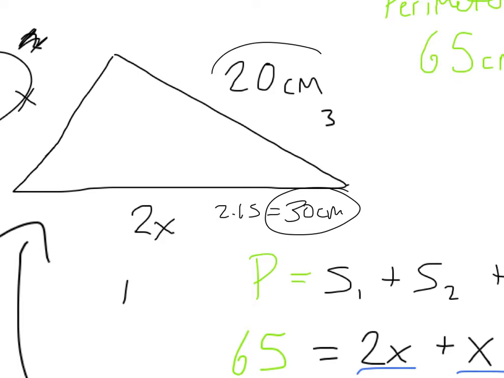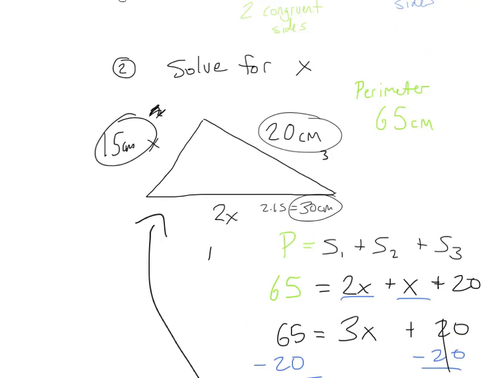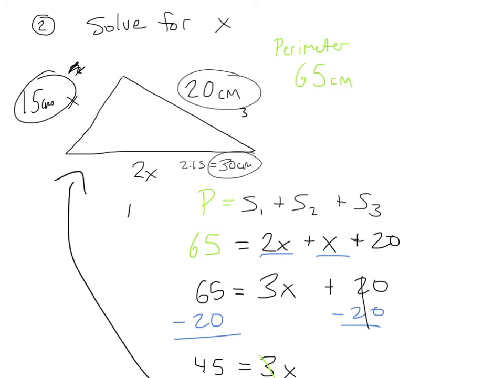And, of course, we already know that one's 20 centimeters. Now can we check to see if it matches the perimeter? Yeah. 15 plus 20 would be 35, plus another 35 equals 65, and conveniently enough, they told us the perimeter was 65 centimeters, so we actually did it correctly.